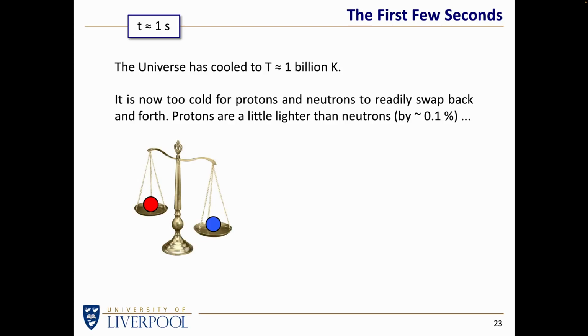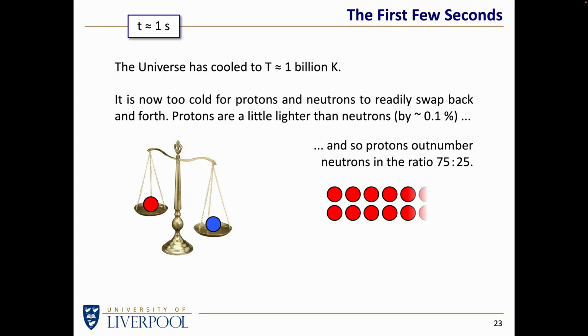And when protons and neutrons can no longer swap back and forth, their numbers would be frozen, and the ratio of the two would be in favour of the protons. There would be more protons than neutrons in the ratio of about 75 to 25. Why are they not made in equal numbers? Because the protons are lighter, and so they're easier to make.